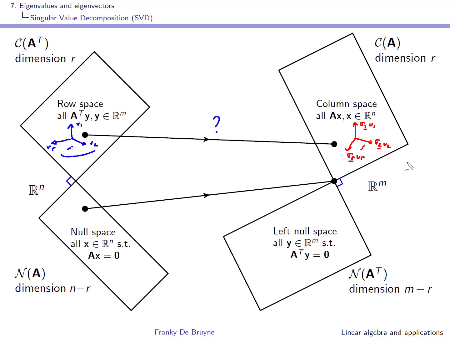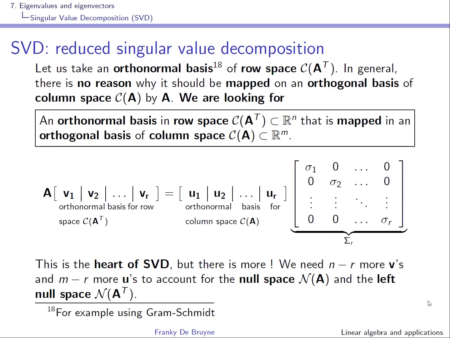So we'll construct the decomposition before we learn how to compute it. If you take an orthonormal basis of a row space, and you can construct that using Gram-Schmidt, well, in general, there is no reason why its image should produce orthogonal vectors.